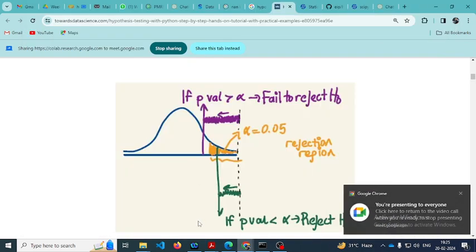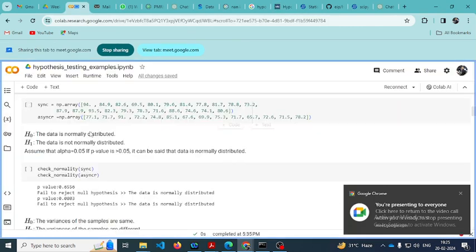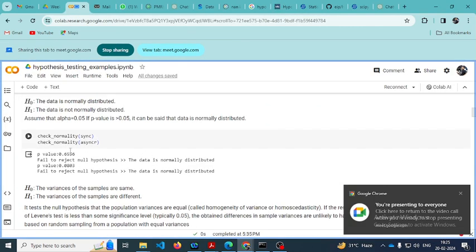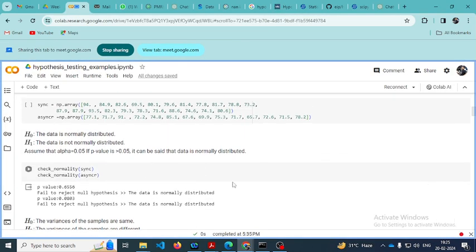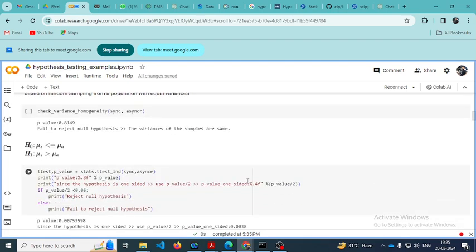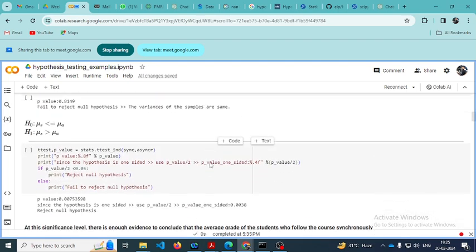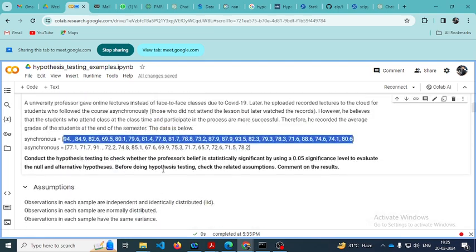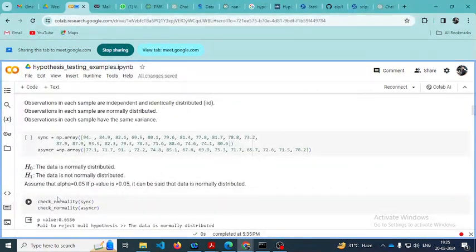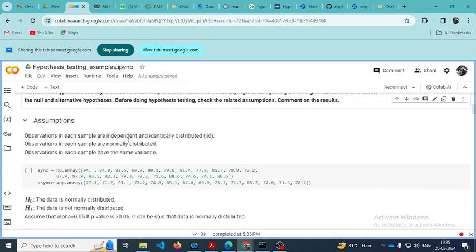Coming to here, first we are going to implement this hypothesis testing in Python. This problem is implemented in Python. You can store the data in NumPy arrays.